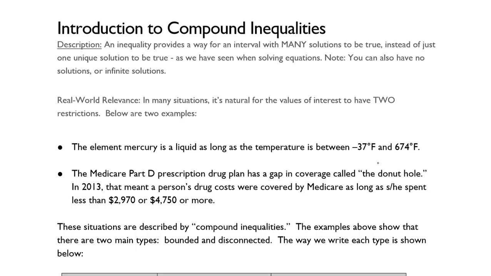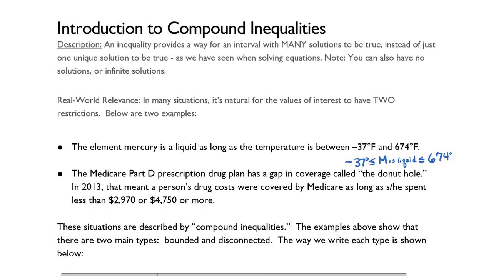We'll call the stuff we're talking about M, mercury, and is liquid. And then we're going to say that as long as the mercury is liquid between -37 degrees Fahrenheit and 674 degrees Fahrenheit. So notice that M is actually between these two inequalities.